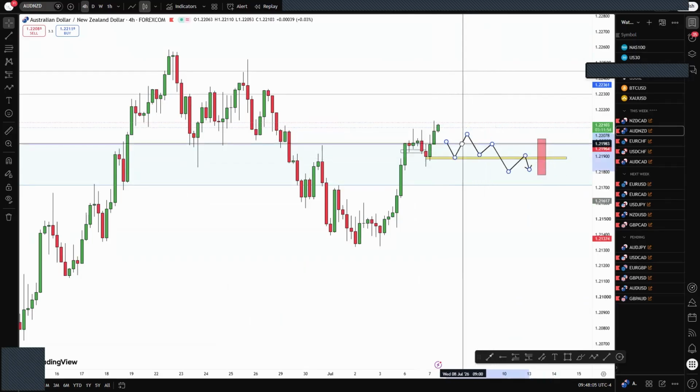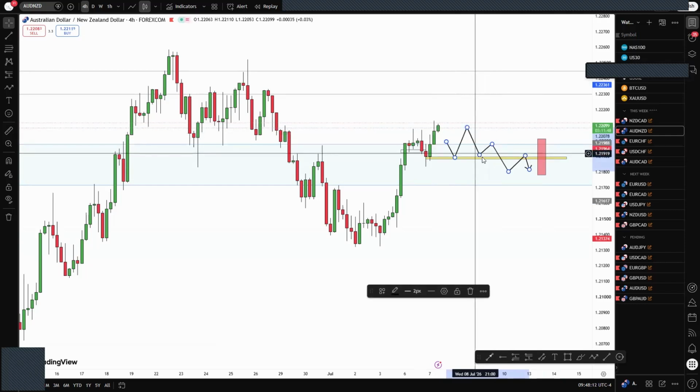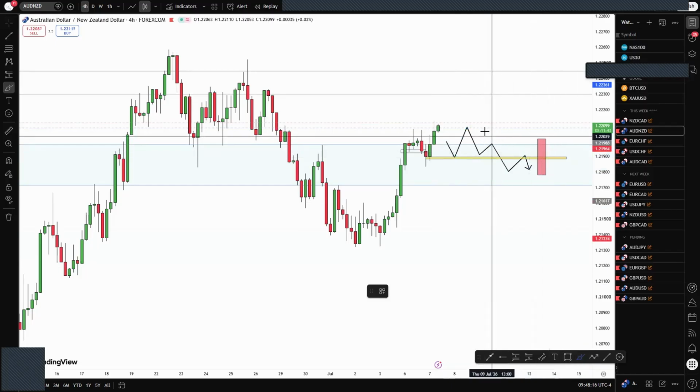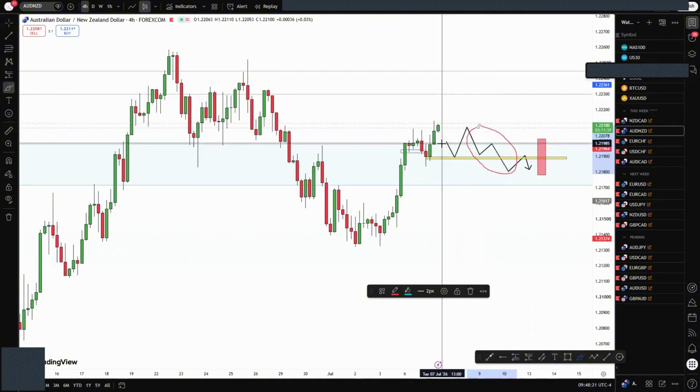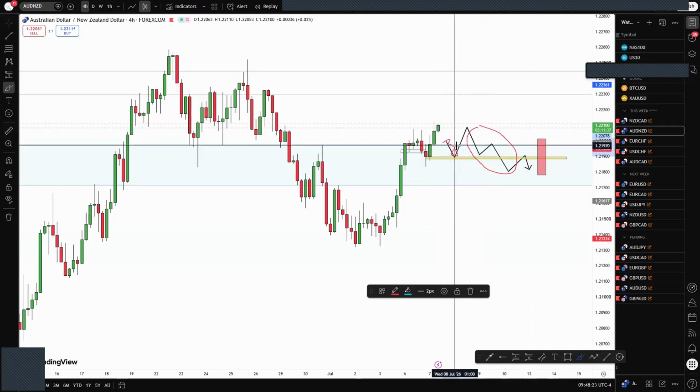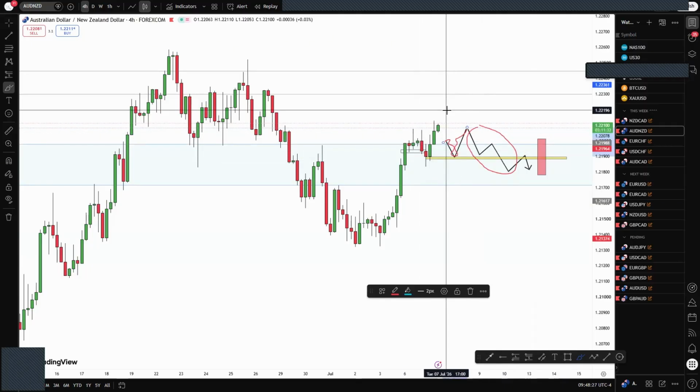As you can see, price has made the high. So now I expect this part to happen, and this part to happen. Since this one has already happened, as you can see, we have the break and the push.